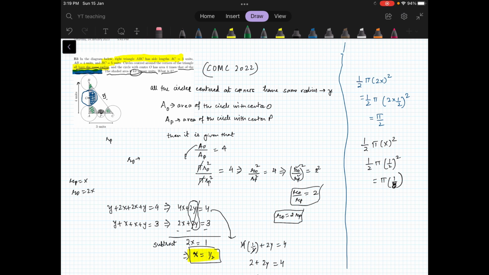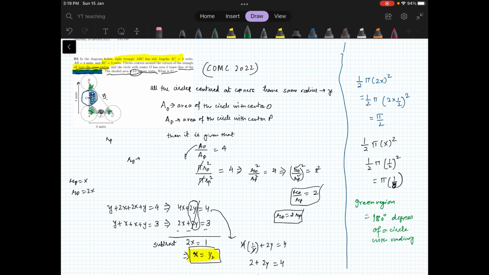Now you see how much is this angle plus this angle plus this angle. So if you look at the green region, we know that the sum of the three angles of a triangle is 180 degrees, so that is 180 degrees of a circle with radius y.